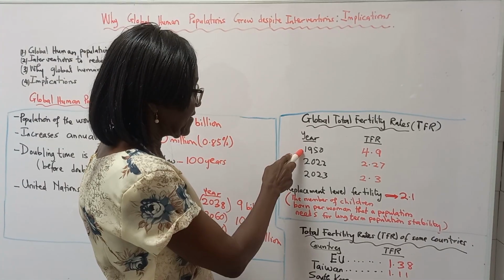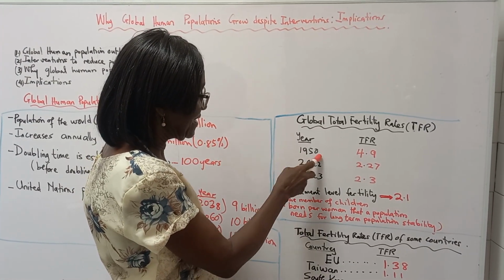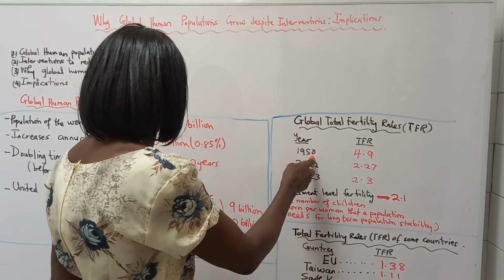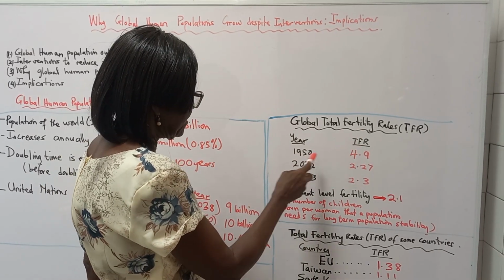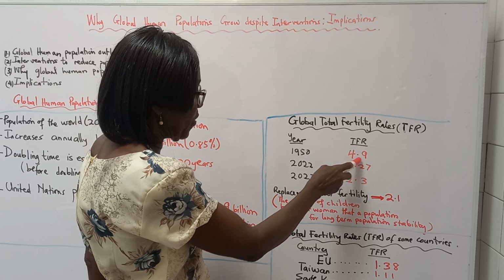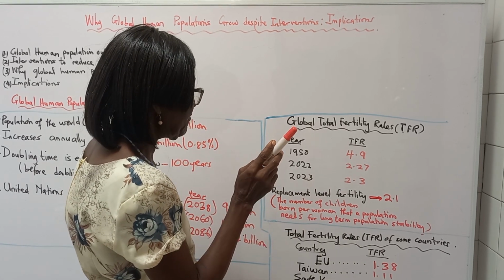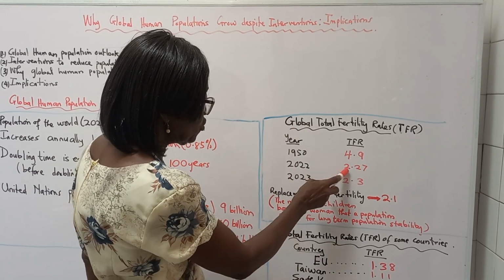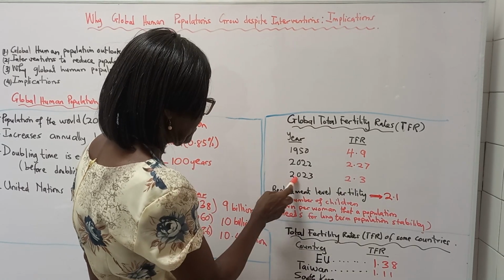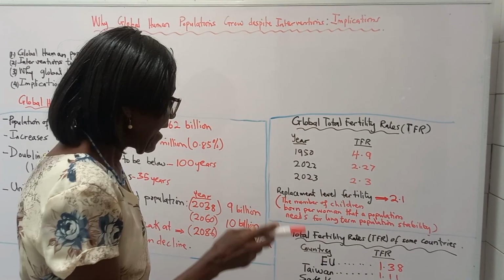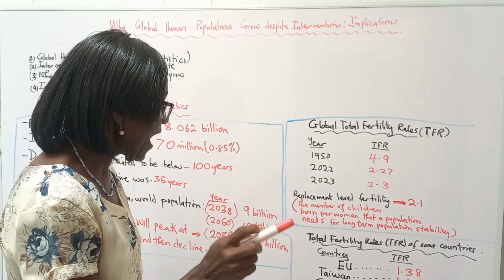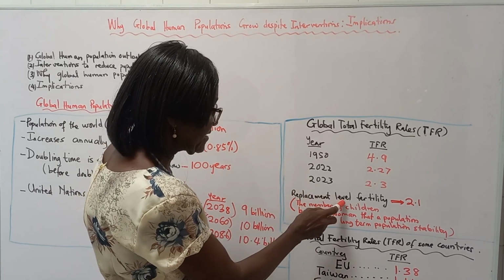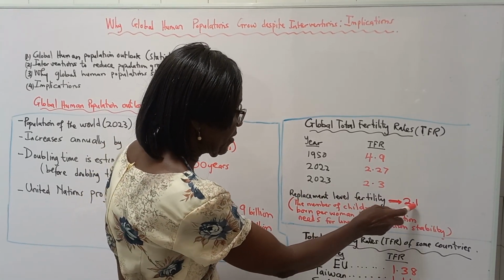And it's been worked out that in the 1950s, this is United Nations stats, it was 4.9, the global total fertility. 2022, 2.27; 2023, 2.3; and it's been worked out that the replacement level fertility is 2.1.